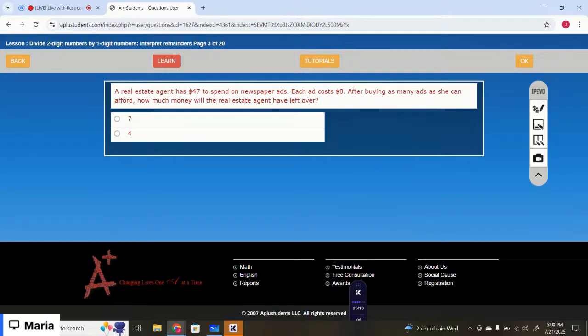A real estate agent has $47 to spend on newspaper ads. Each ad costs $8. After buying as many ads as she can afford, how much money will the real estate agent have left over?